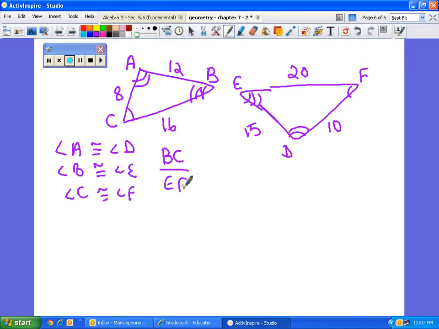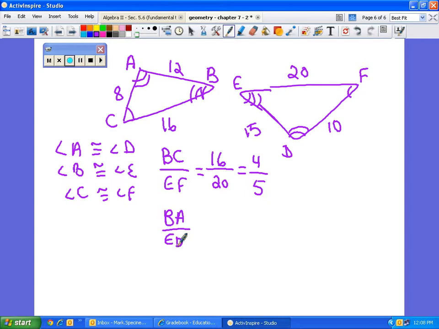So BC is how long, Micaiah? It is 16 over 20, which reduces to what? 4 over 5. Good. Keep going, Micaiah. And then BA over ED?